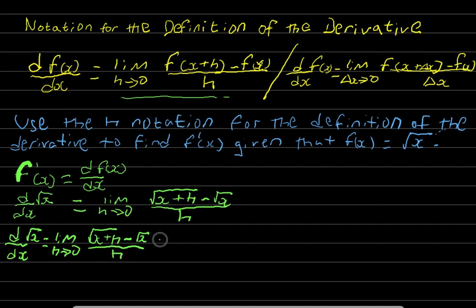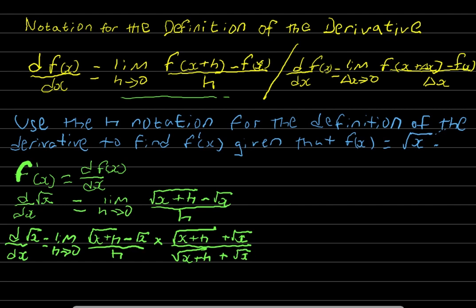So we multiply this times its conjugate, square root of x plus h plus square root of x, all over the same conjugate, square root of x plus h plus square root of x.